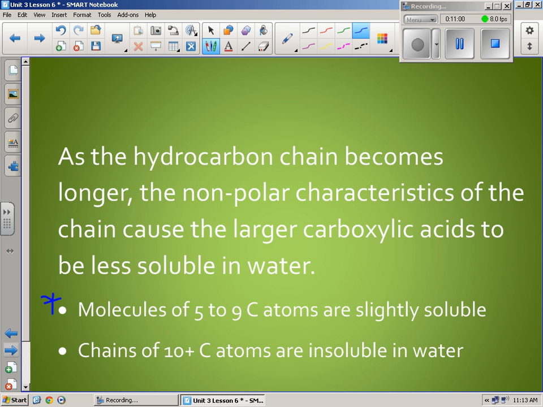So these are 2 points here that you'll also want to know along with the first page there. And that's the same for alcohols as well. 1 to 4 carbons for alcohols tend to be very soluble in water, very good. 4 to 9 or 5 to 9, they kind of start to wear out a little bit. They become slightly soluble, and then higher ones tend to be insoluble. Okay.